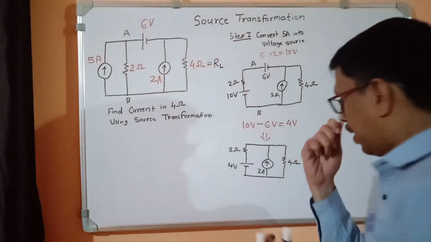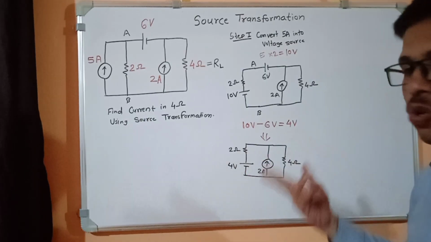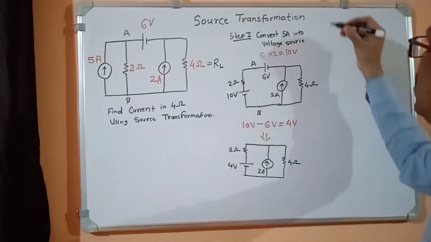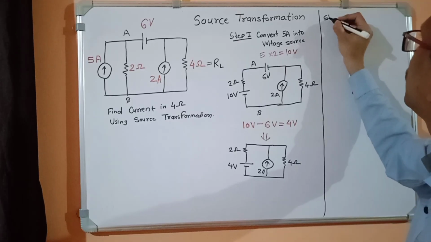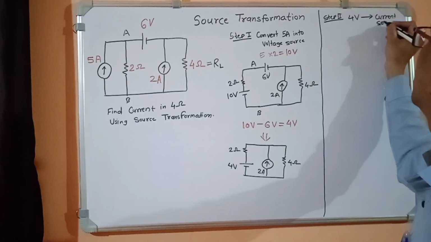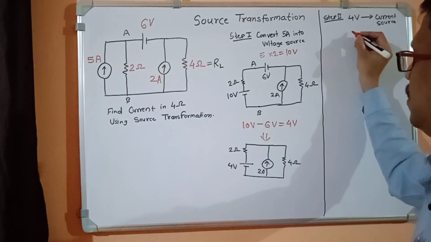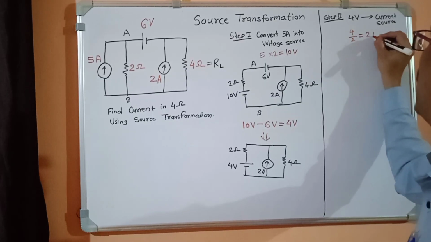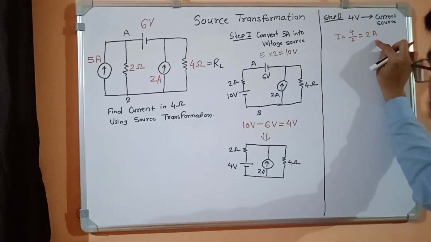Now again we will convert this 4 volt and 2 ohm into a current source. So step 2: what is the value of the current source? 4 divided by 2 gives me a 2 ampere current source, that is I equals 4 by 2 is equal to 2 ampere.